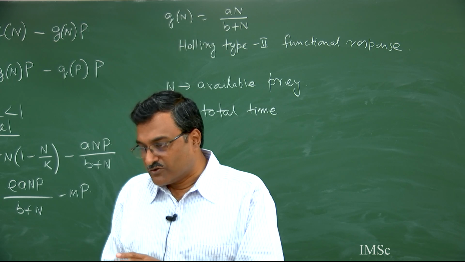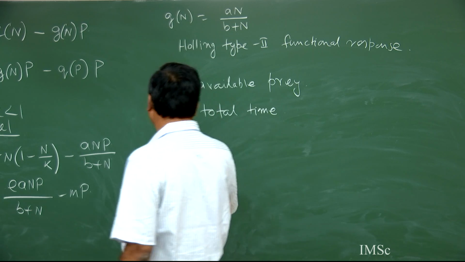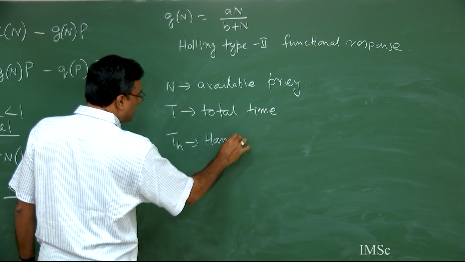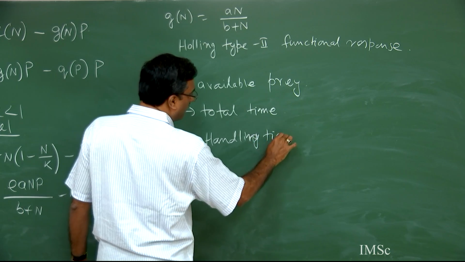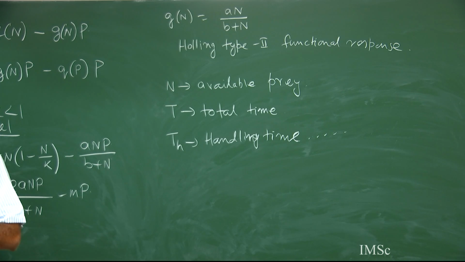Right. So here we denote that T is the total time and TH is the handling time for each prey item. So that means the predator needs TH time to handle one prey.